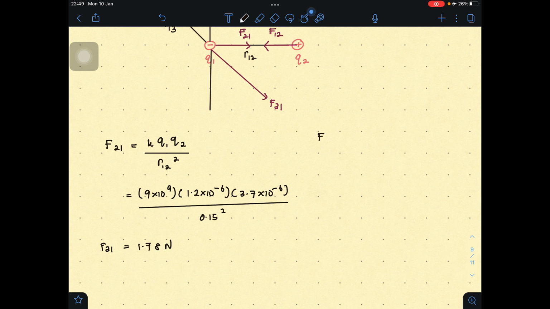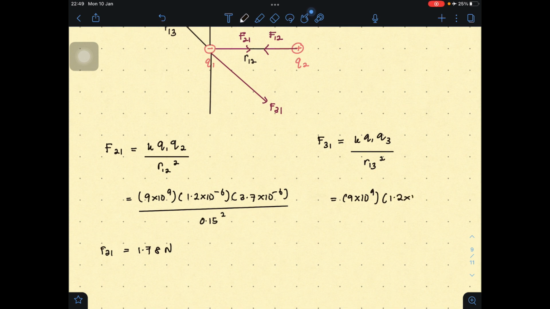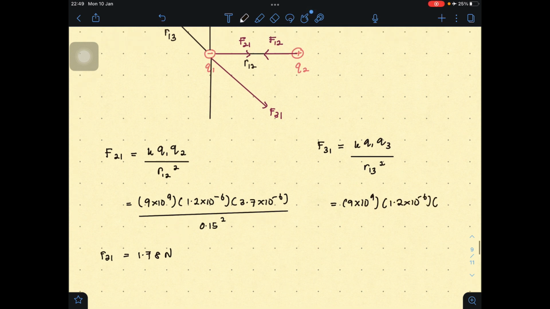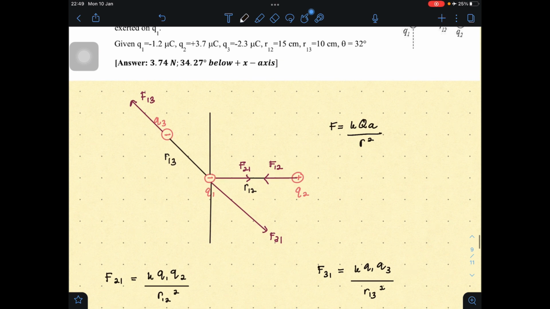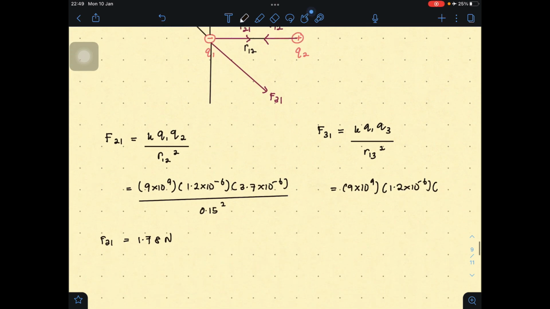And then F31 will be equal to K Q1 Q3 divided by R13 square. And then just masukkan the value. And then Q3 is equal to 2.3 micro.